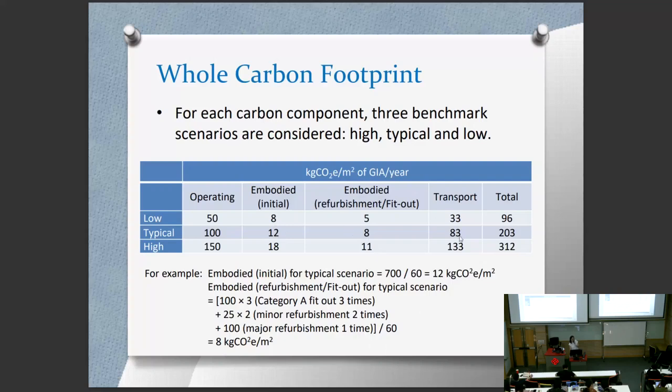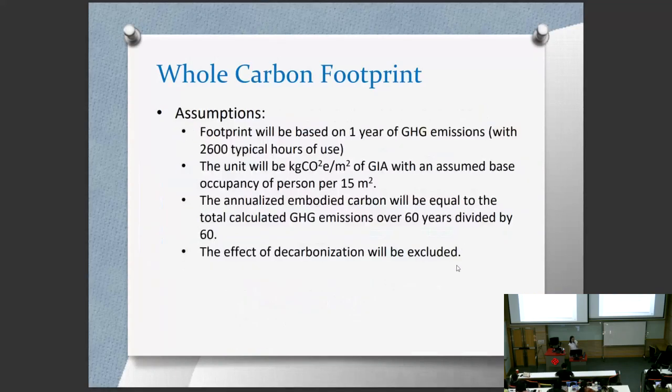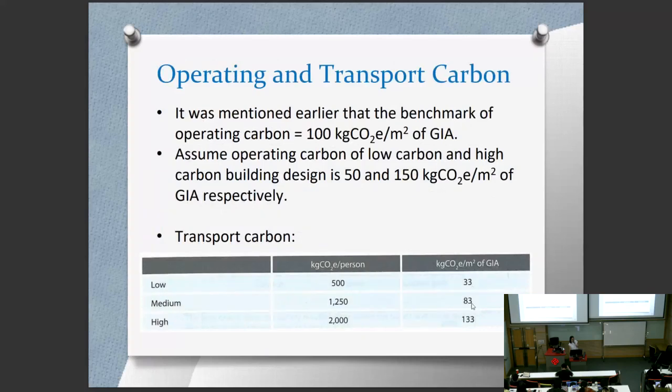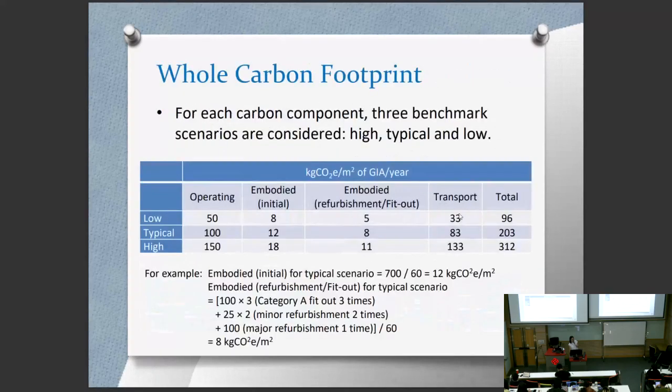And then we have the transport carbon. The typical, high and low values are extracted here, 33, 83, 133, and here. So we can combine them, adding up the typical operating carbon, typical embodied carbon, and typical transport carbon.